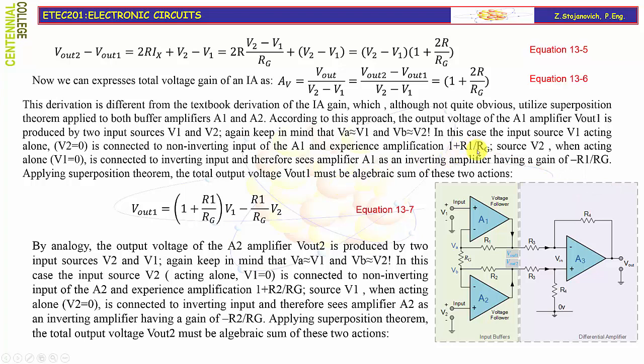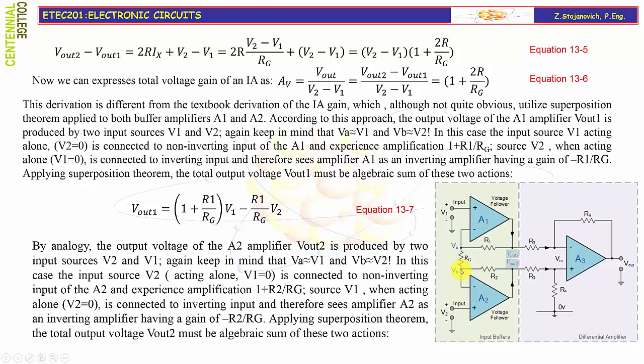Source V2, when acting alone, means that V1 becomes grounded. In other words, Va will be grounded as well, so the input is brought to the Vb. We are dealing with the inverting configuration. Amplifier A1 is acting as an inverting amplifier having a gain of negative R1 over Rg.